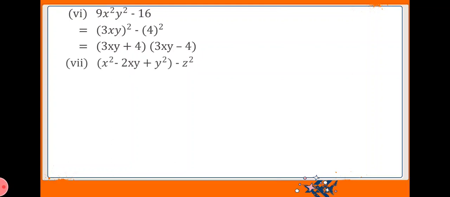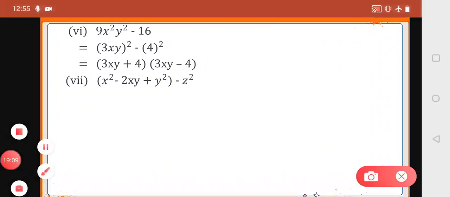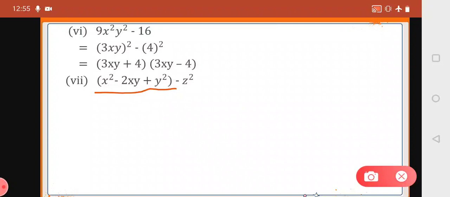Next, question number 7: x square minus 2xy plus y square minus z square. Now here something changed. You can see that the first three terms given in the bracket, when we look at them directly, are a perfect square. The last term, let it be as it is.